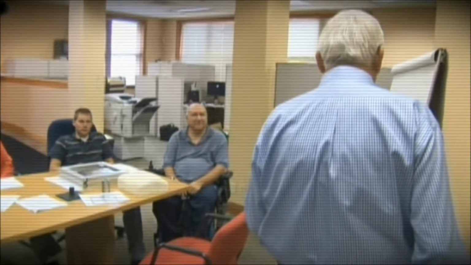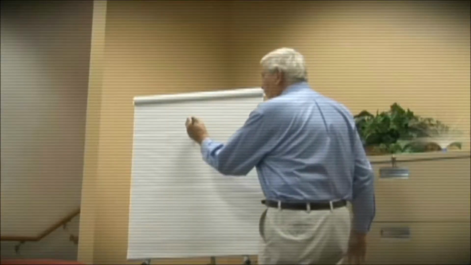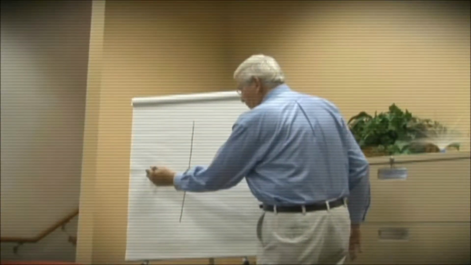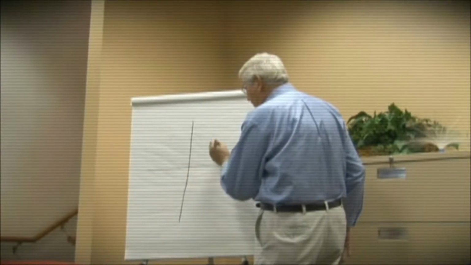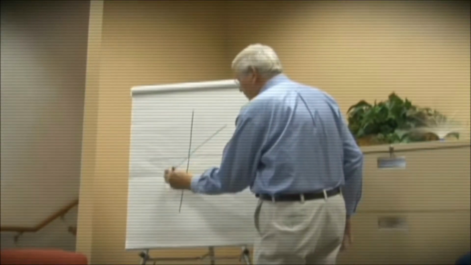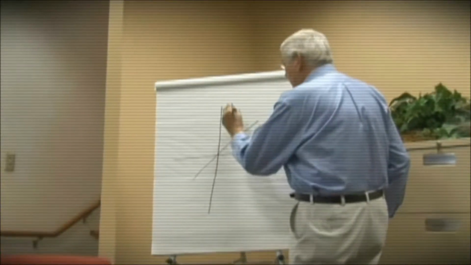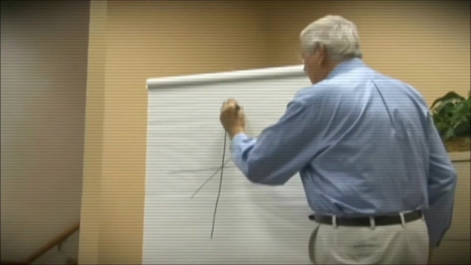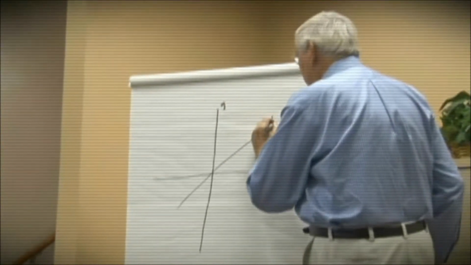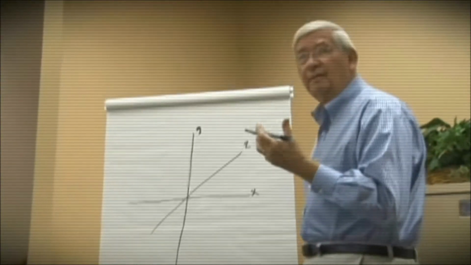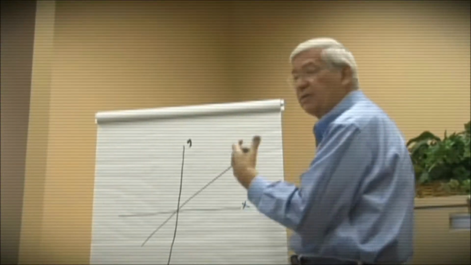6 degrees of freedom is basically recognizing you got an axis system in space, and there's 3 axes. It's an X, a Y, and a Z. So when you're in space, you work with those kind of axes.